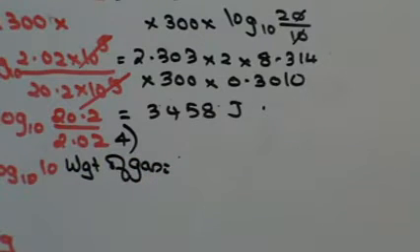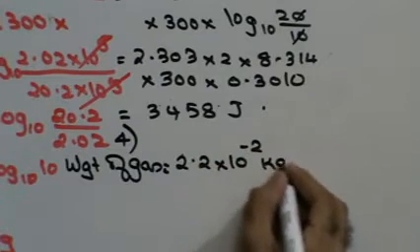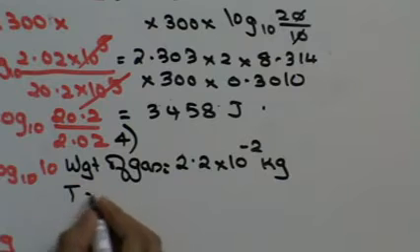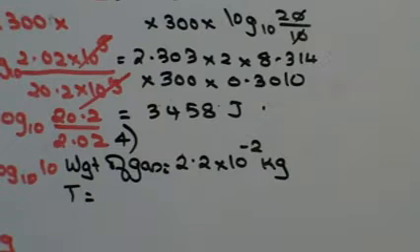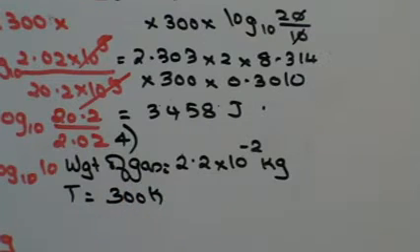when 2.2 into 10 raised to minus 2 kgs of carbon dioxide is compressed at 300 Kelvin, isothermally and reversibly, till the pressure is doubled.